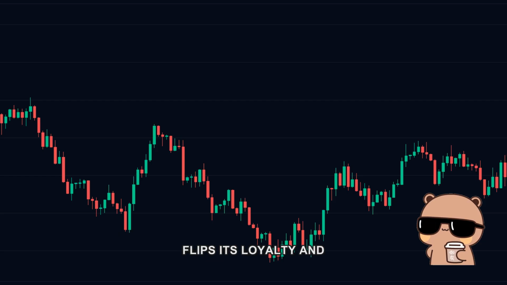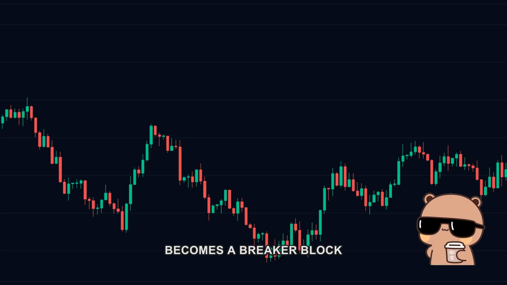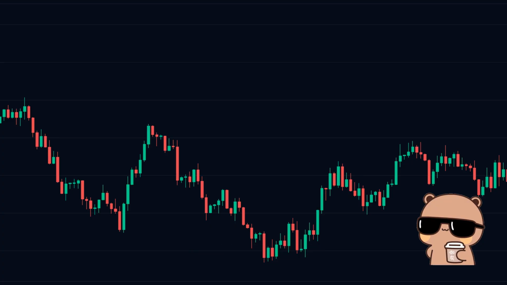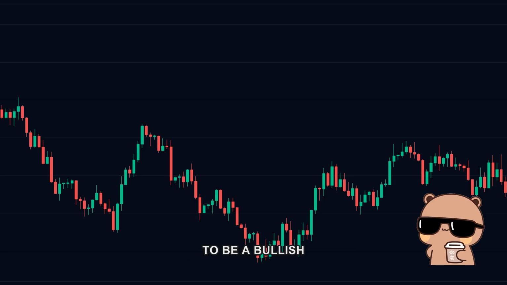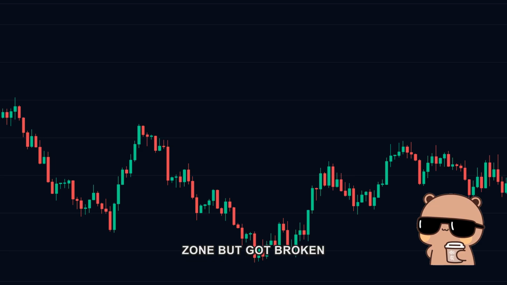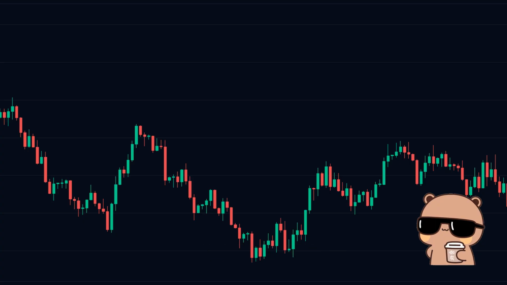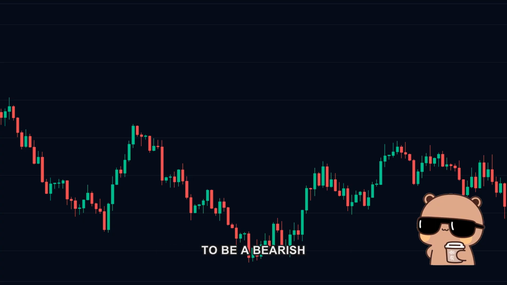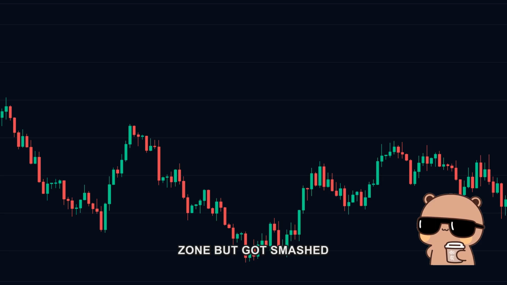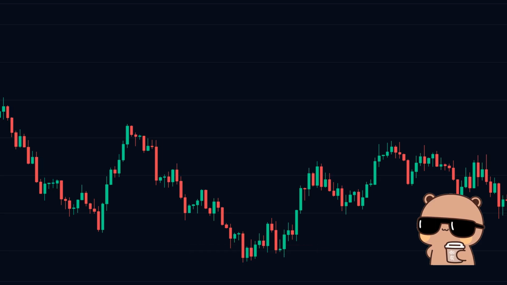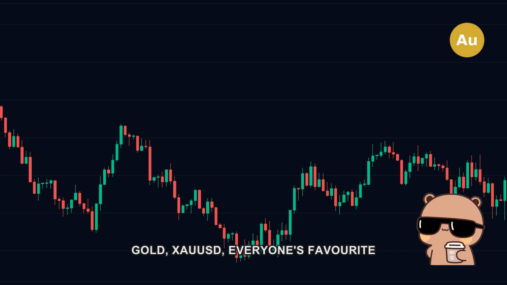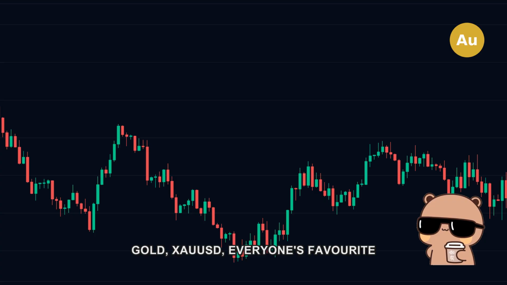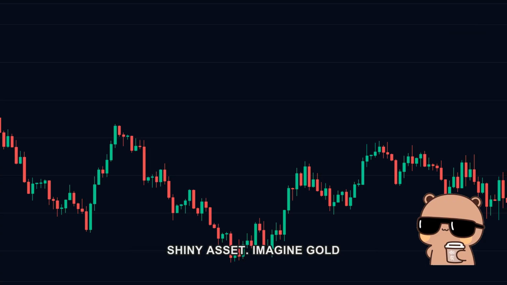It flips its loyalty and becomes a breaker block, now working for the other team. A bearish breaker block used to be a bullish zone, but got broken to the downside. A bullish breaker block used to be a bearish zone, but got smashed to the upside. Easy peasy.